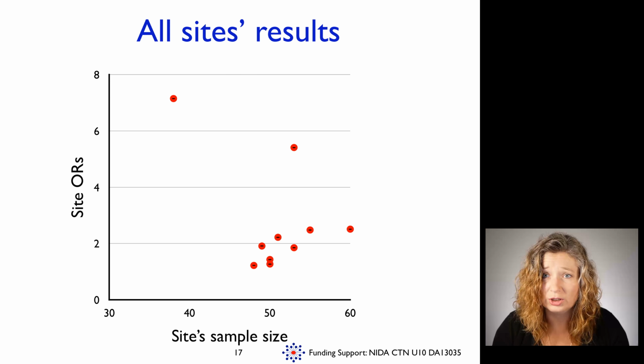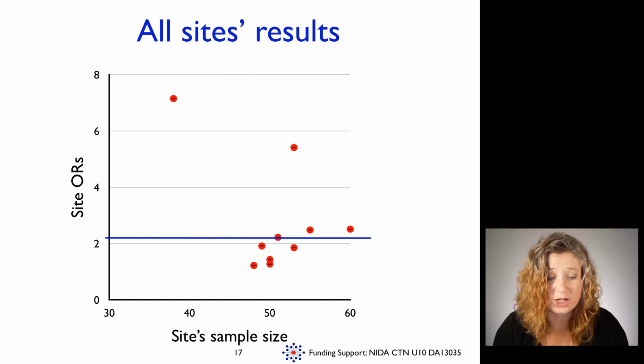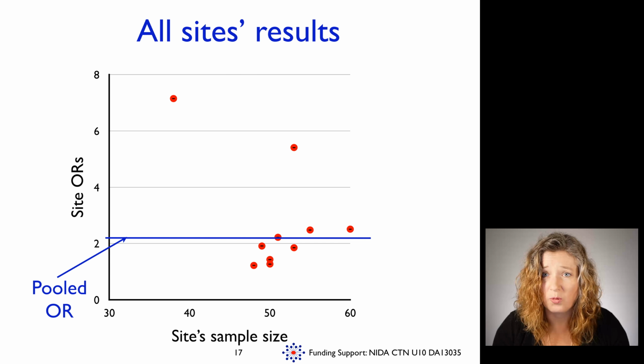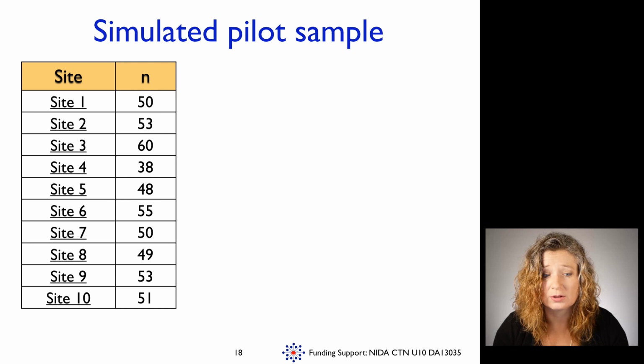The odds ratio from a full pooled study from all 507 subjects is actually right here, slightly more than 2. So a couple of sites were close, but most of the sites produced a site-specific odds ratio really far away from the true odds ratio because of just random chance.